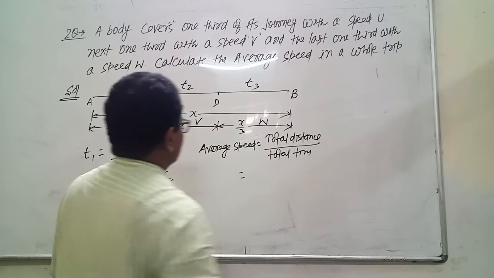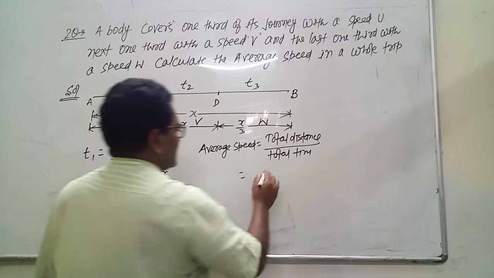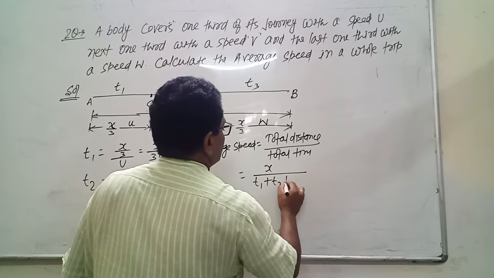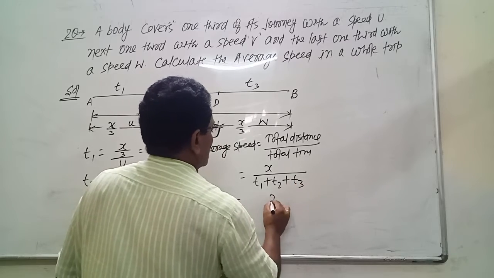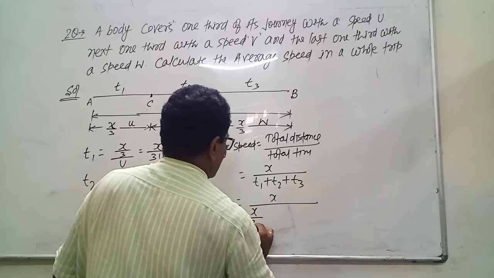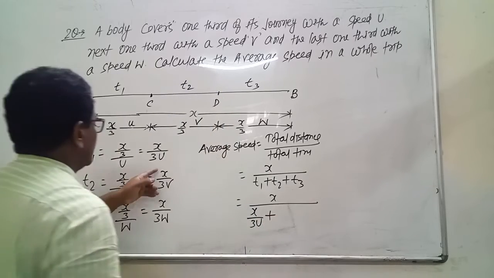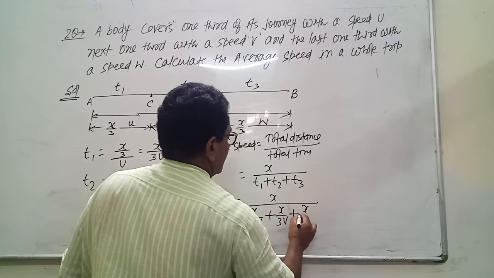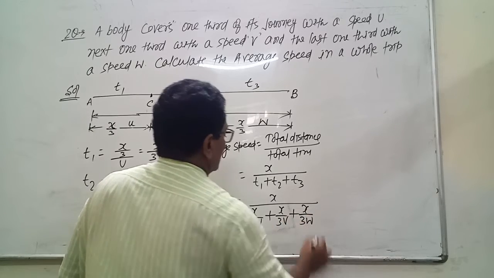So the total distance is x and the time taken is t1 plus t2 plus t3. So t1 is x by 3u, t2 is x by 3v, and t3 is x by 3w.